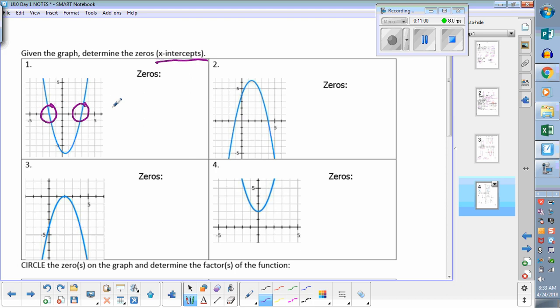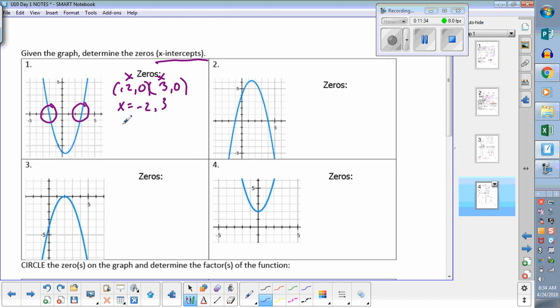So the ordered pair for this one would be -2 and 0. Sorry, I know this looks like a -2. And then 1, 2, 3, and then we have 3 and 0. All right? So remember they just want the x value. So that means my x equals -2 and 3.